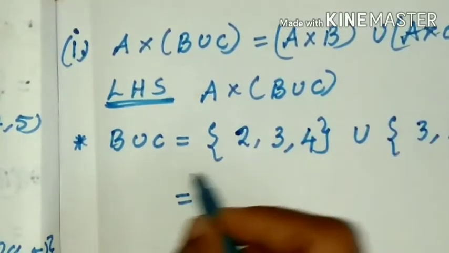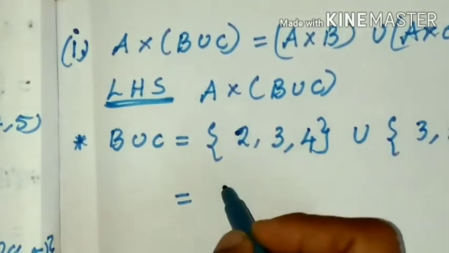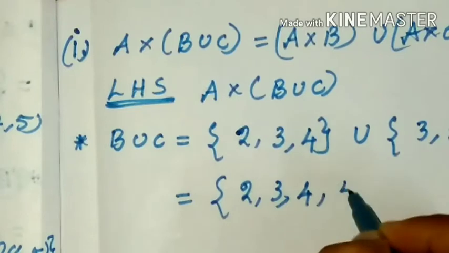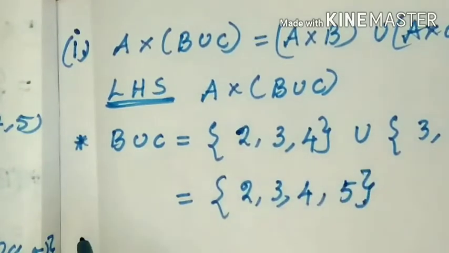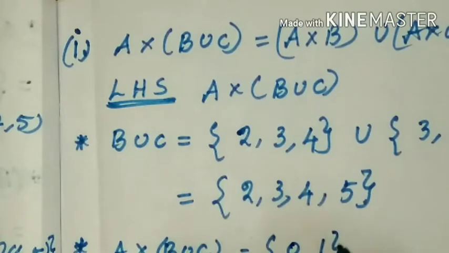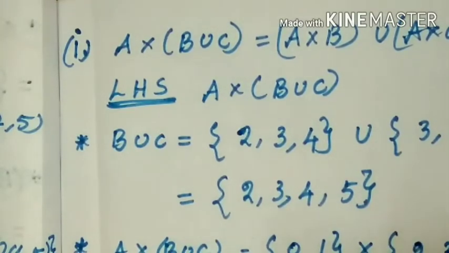Then B union C equal to {2, 3, 4, 5}. Then next step, A cross (B union C) equal to set A {0, 1} cross B union C {2, 3, 4, 5}.